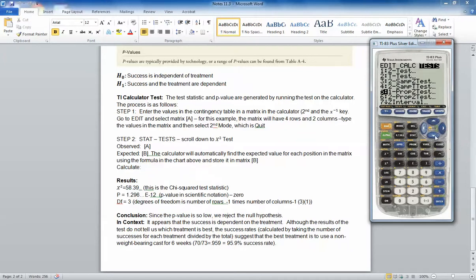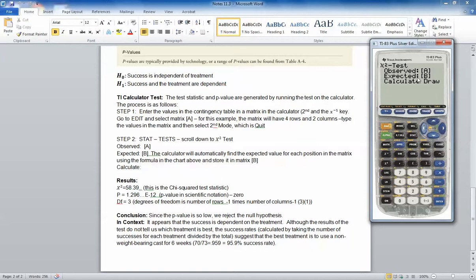arrow down to chi-squared test. Both the TI-83 and the 84 have this test. Hit enter. It says that our observed values are in matrix A, that's where we put them.